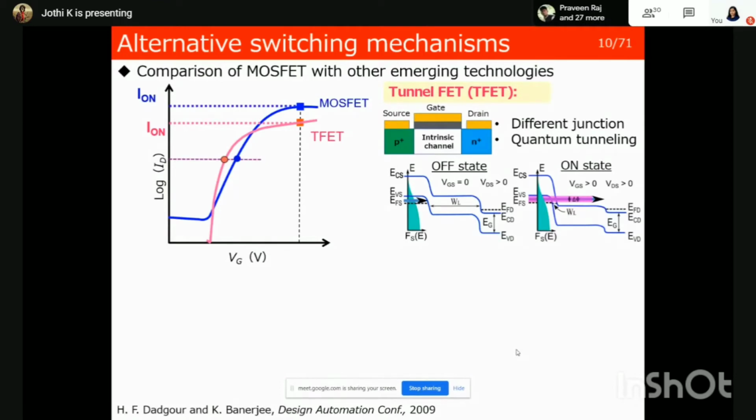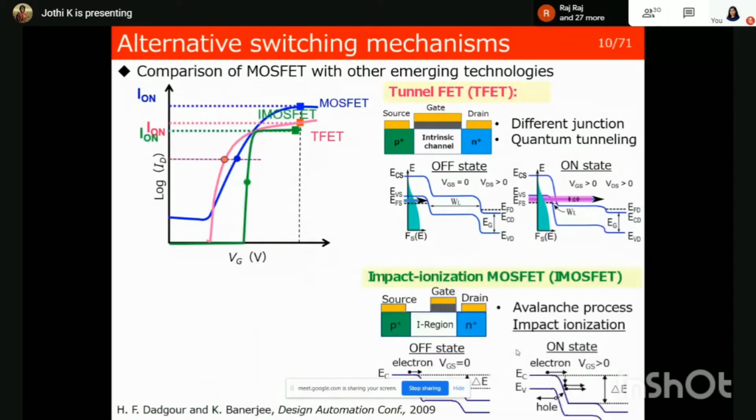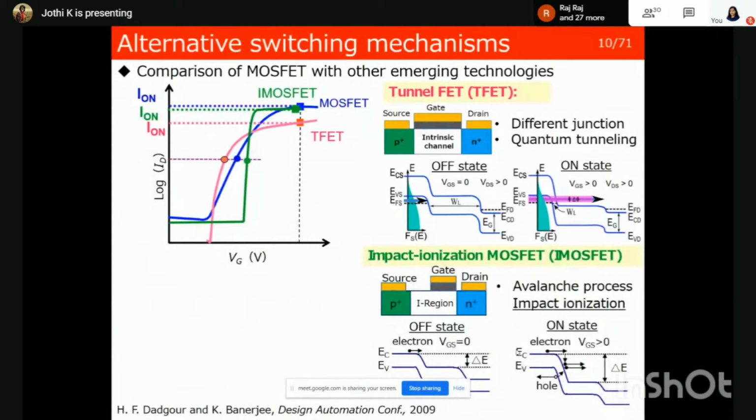And there is another thing called the impact ionization FET. This is the avalanche process, and impact ionization that you have studied earlier in your physics classes. Using that physics principle to achieve a switching device, that's the impact ionization FET.